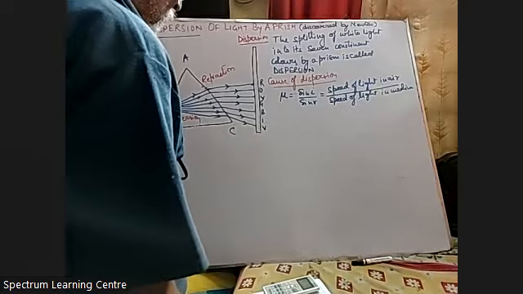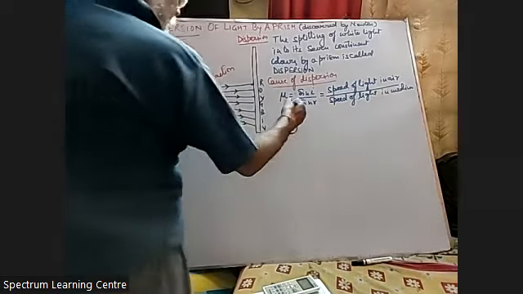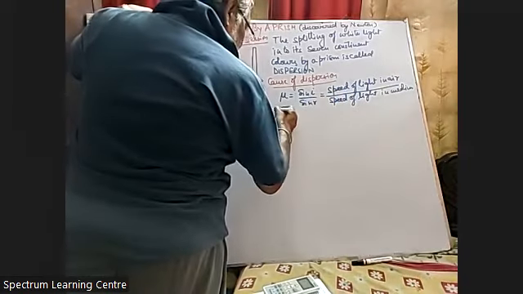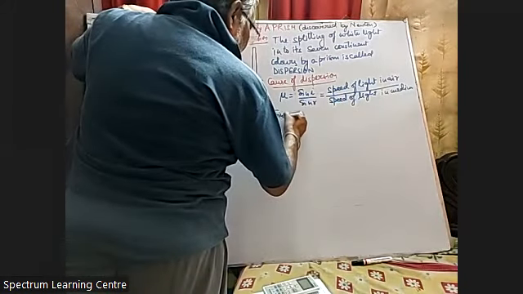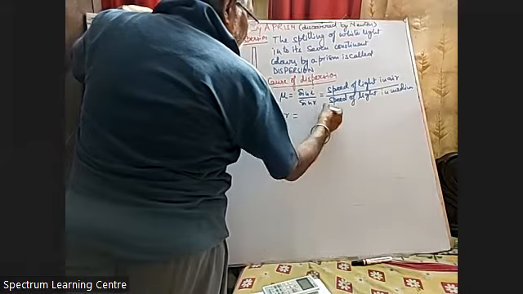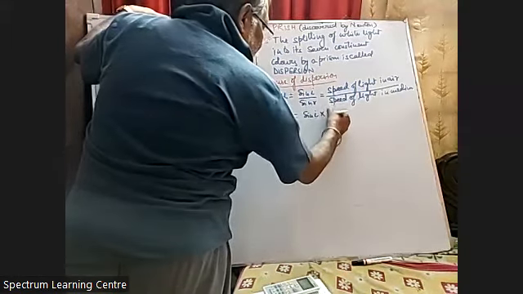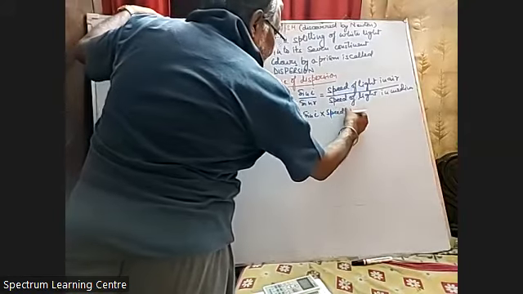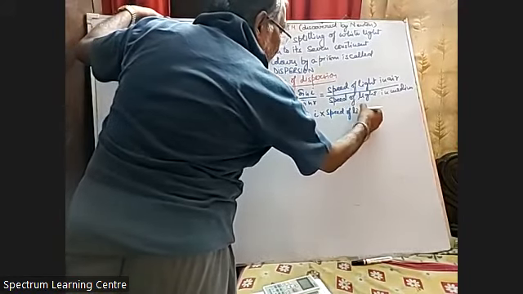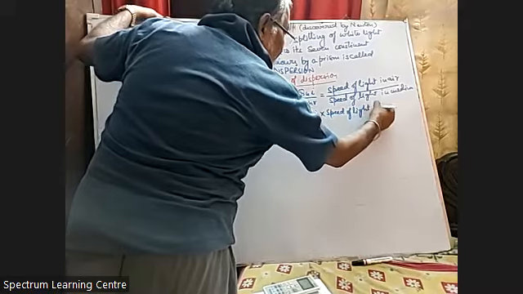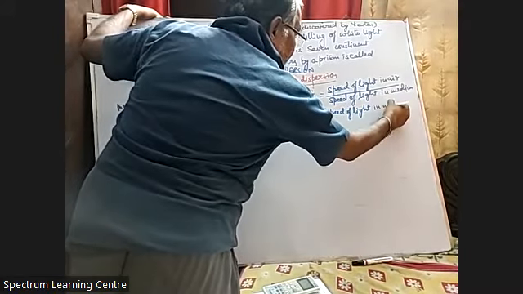Yes, sir. Now, what will be the value of sin r from here? Sin r will be equal to sin I into speed of light in medium.